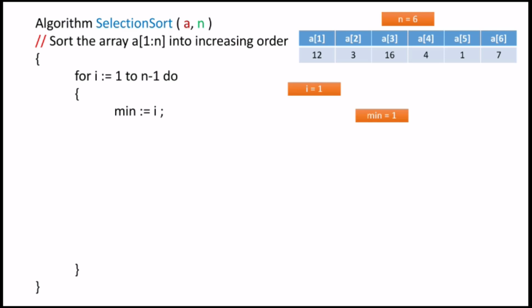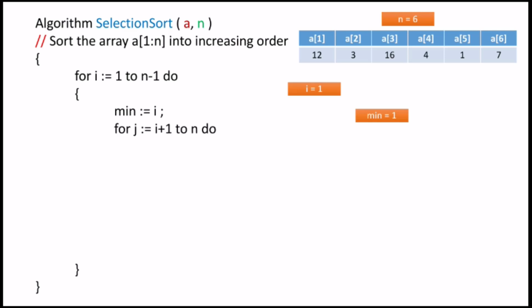Now by using another for loop, we will try to find the actual minimum number from the list. We already assumed that the first number is the minimum number. So we will compare this minimum value with the remaining numbers. This for loop has to be repeated 5 times as per our given example.